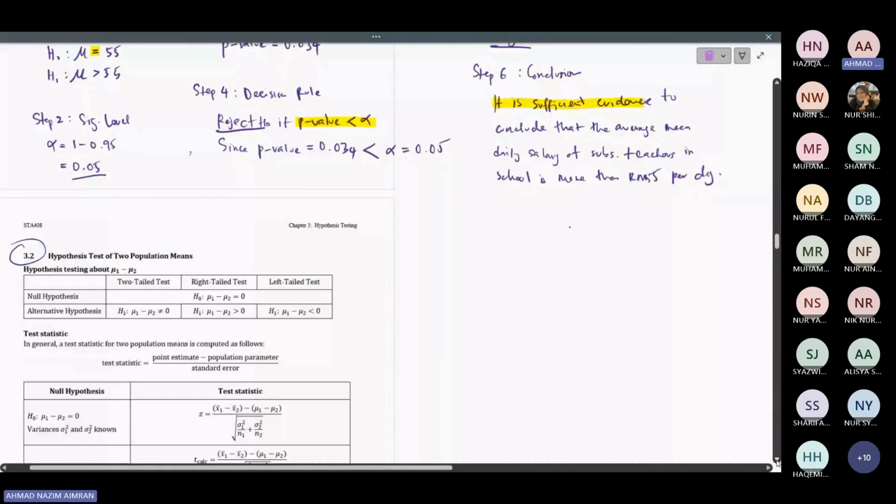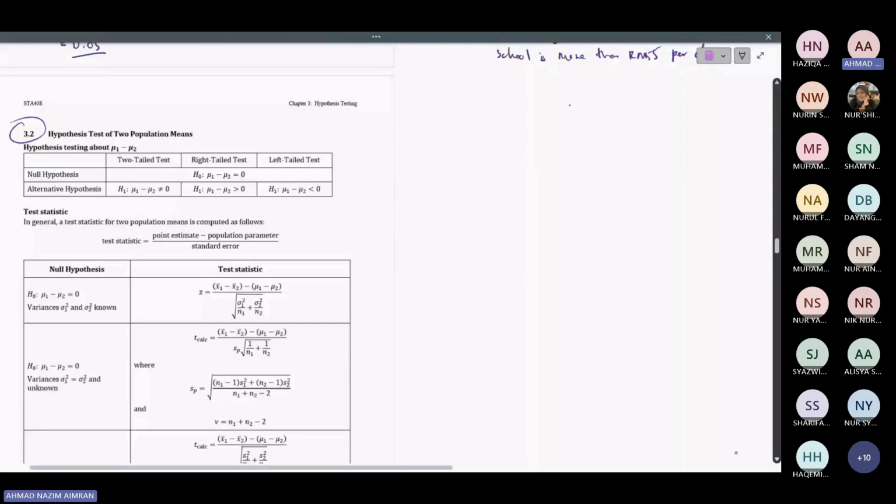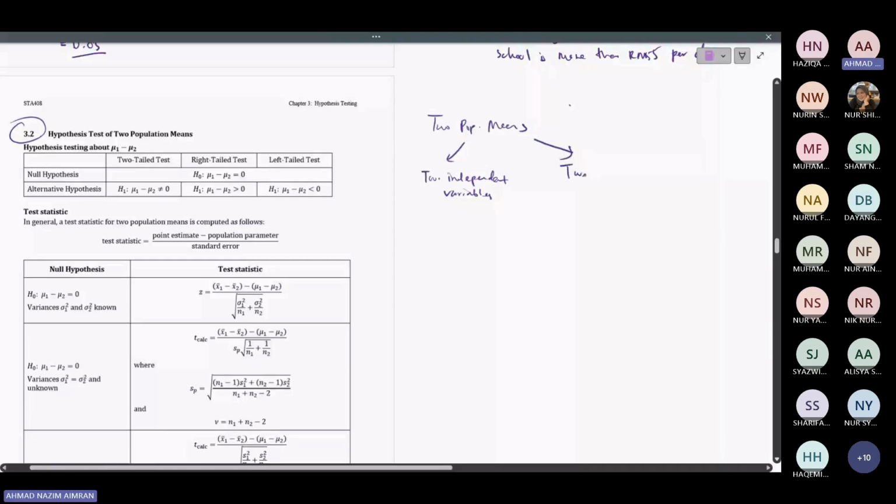So if there is no question, then let's discuss 3.2 hypothesis test of two population means. Again, it is the same as in chapter 2, in which we have two independent variables and two dependent variables.